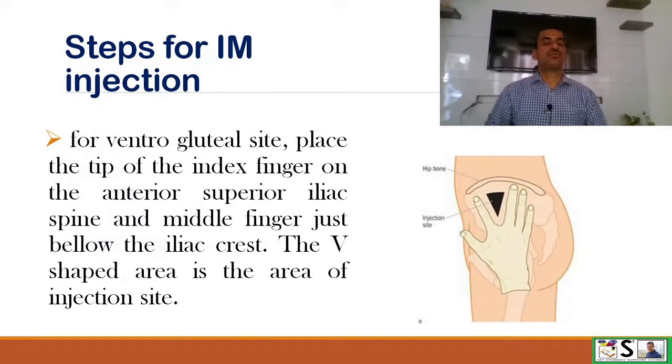For the ventrogluteal site, place the tip of the index finger on the anterior superior iliac spine and the middle finger on the iliac crest. The V formed here is the site for proper injection into the ventrogluteal site.